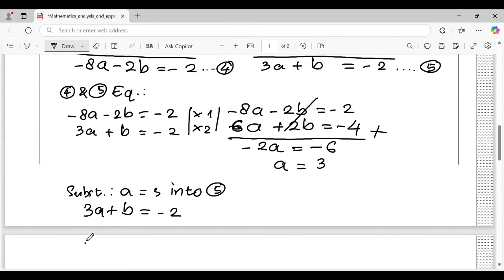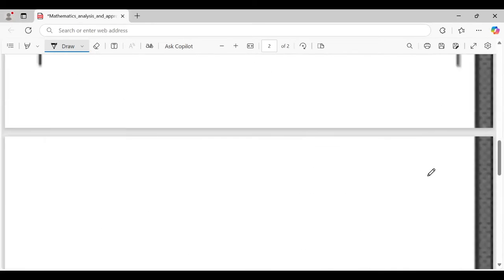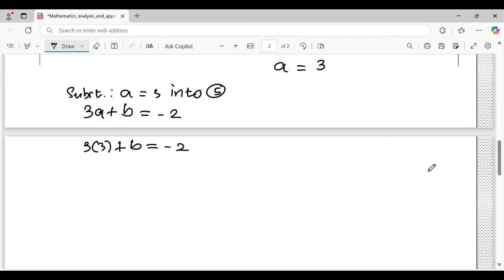If a equals 3, it means 3 times 3 plus b equals minus 2. This is 9, so b equals minus 2 minus 9. b equals minus 11. Okay. a equals 3, b equals minus 11.